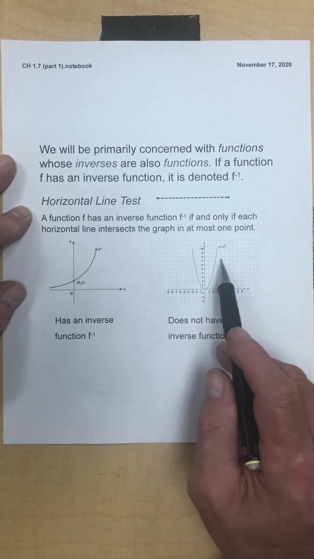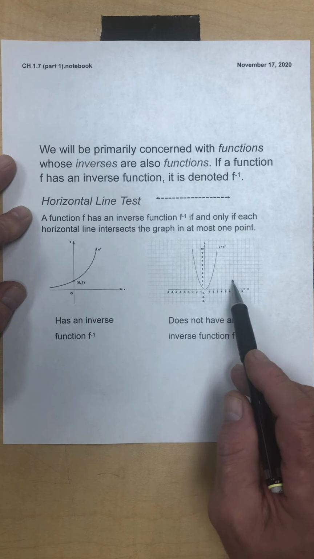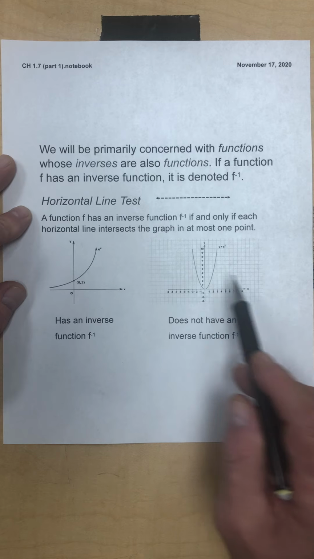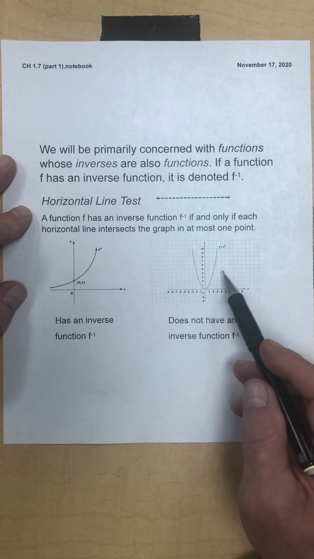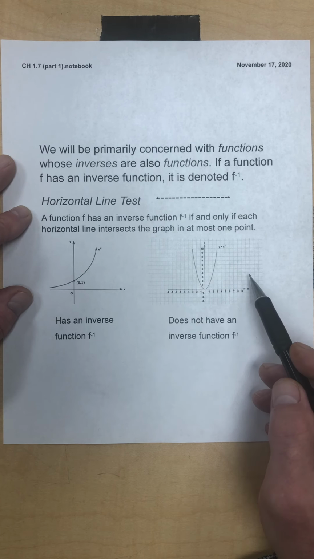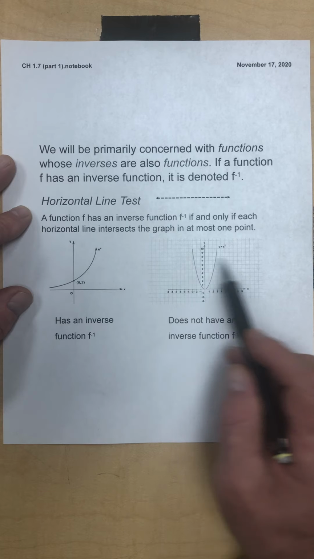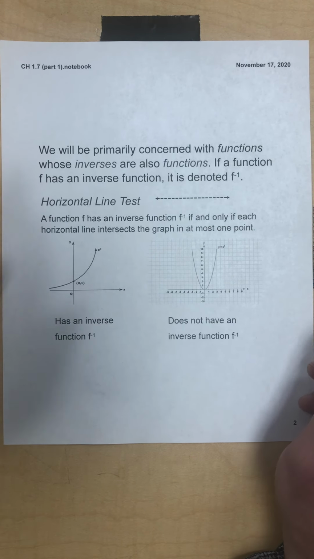But if you look at a function like this, where it doesn't pass the horizontal line test, because obviously you can find a whole bunch of horizontal lines that intersect it more than once, then this would not have an inverse everywhere. It might have an inverse on some intervals, but not the entire interval.